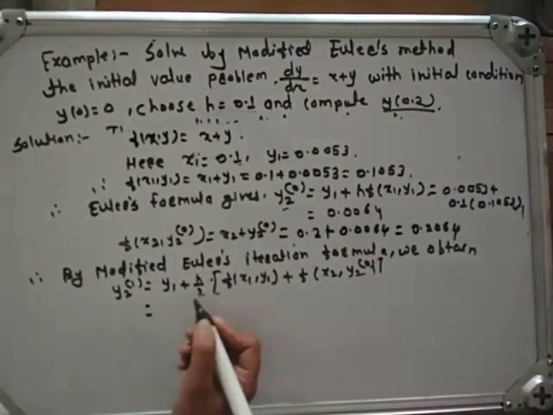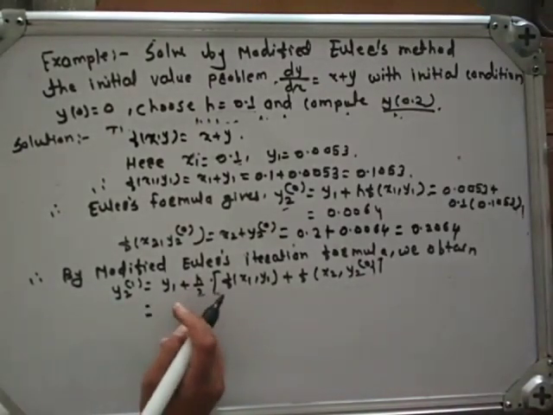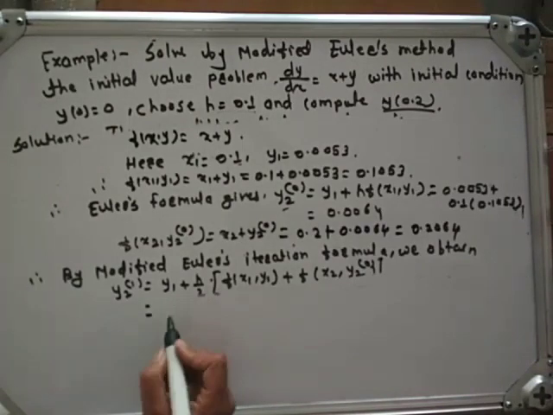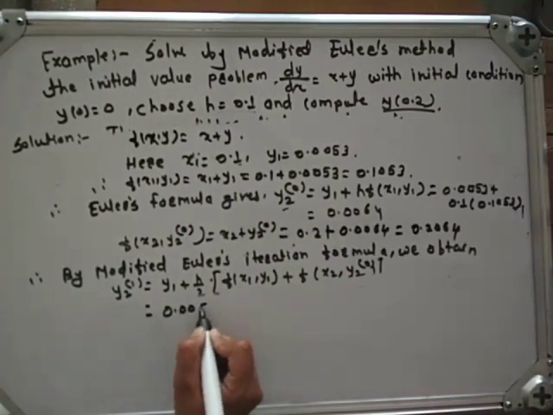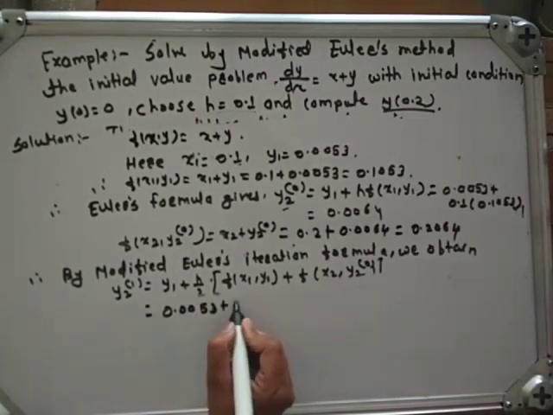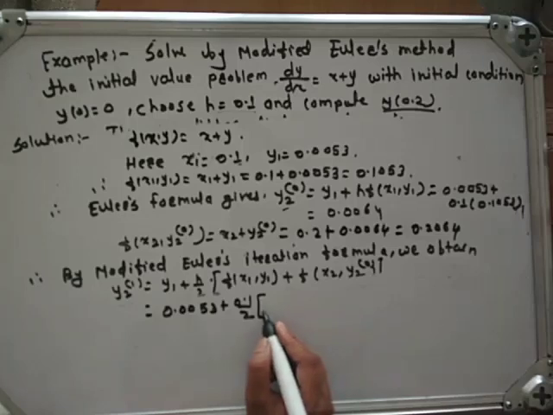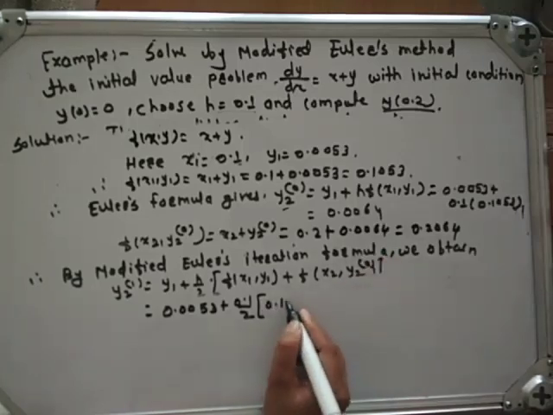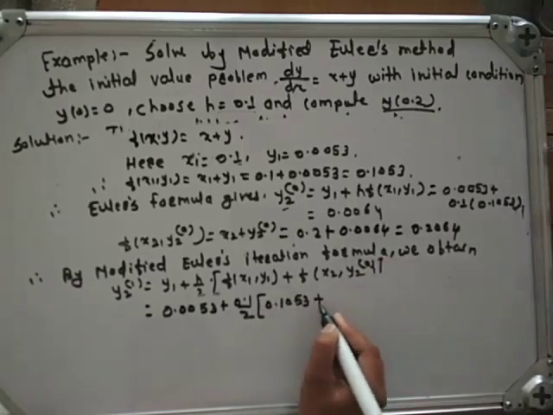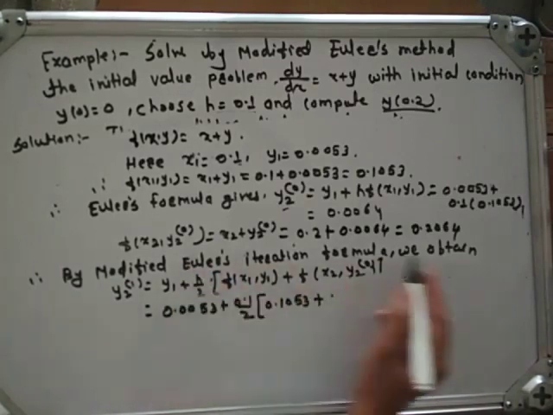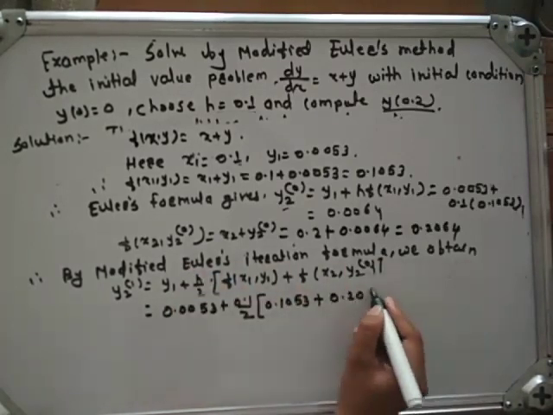So put all the values. y1 is 0.0053 plus h by 2, which is 0.1 upon 2, into f of x1, y1, which is 0.1053, plus f of x2, y2 0, which is 0.2064.